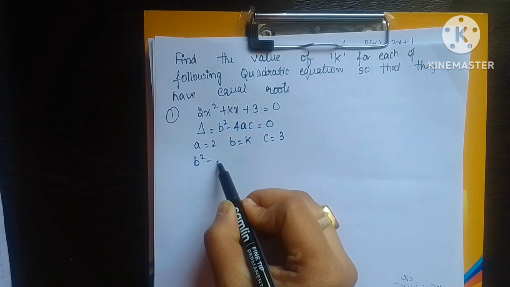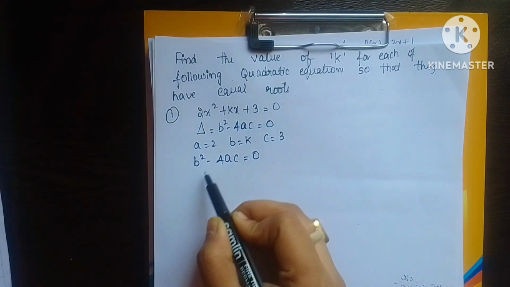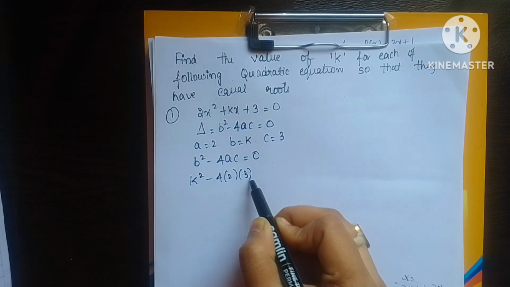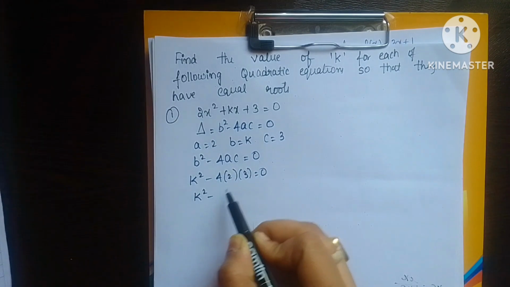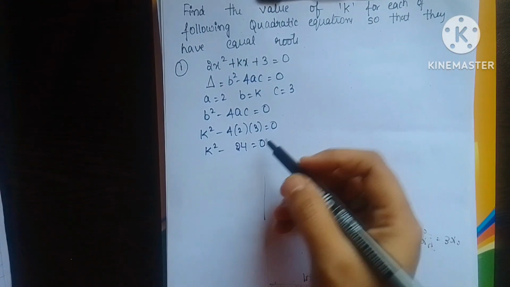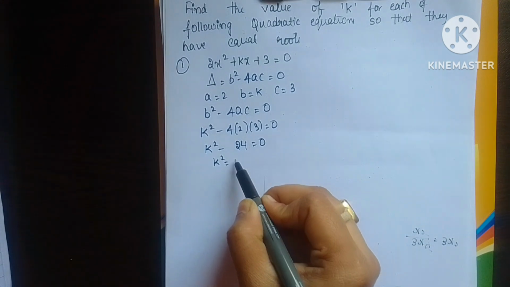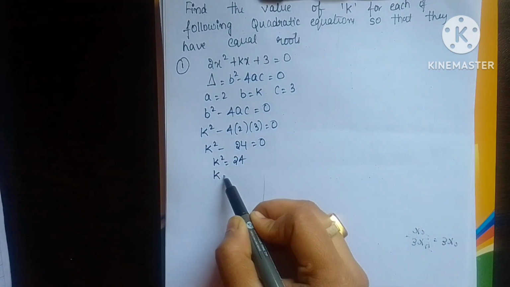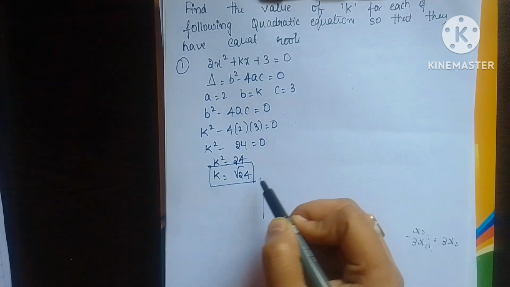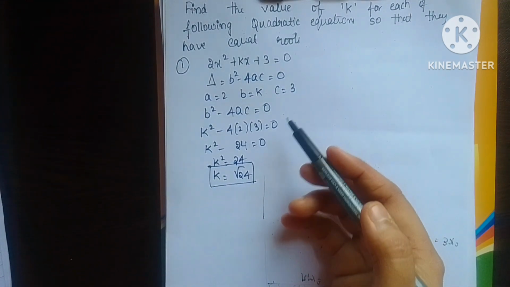So b square minus 4ac is equal to 0. b is k, k square minus 4 into 2 into 3 is equal to 0. K square minus 4 times 2 is 8, 8 times 3 is 24, is equal to 0. K square is equal to 24. K is equal to root 24. So the value of k is root 24.